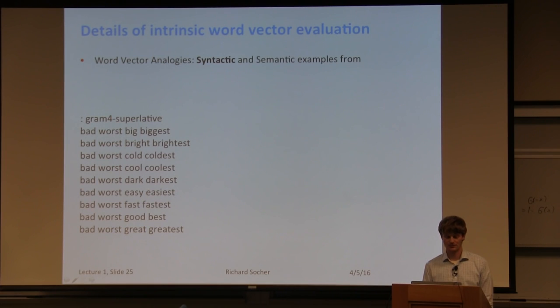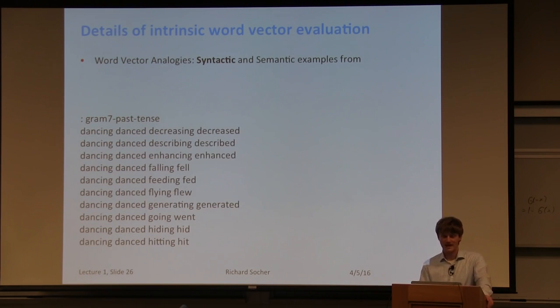So bad to worst should be similar in vector direction as big to biggest, for instance. With past tense, dancing to danced should be similar to decreasing and decreased. And of course, there are lots of examples that we can collect. So in the end, we'll have tens of thousands of these kinds of analogy pairs, and we can really see if our model captures all of them consistently.